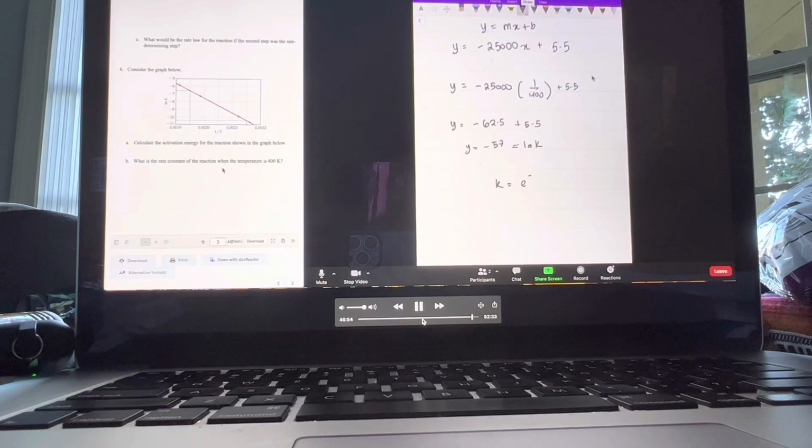So k is equal to e to the power of negative 57. And I got 1.75 times 10 to the negative 25. That's correct.